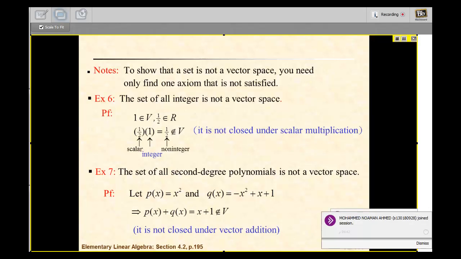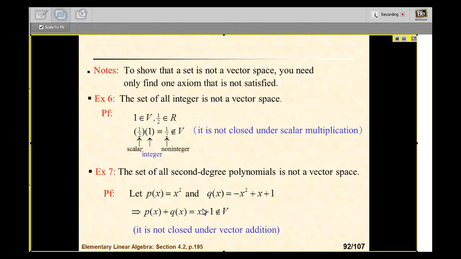When we check, property number 1 is not satisfied. When you add these two, the sum does not belong to the vector space, because x square and minus x square cancel out and we get x plus 1. But x plus 1 is not second degree; it has only degree 1. So we can say that it is not a vector space.